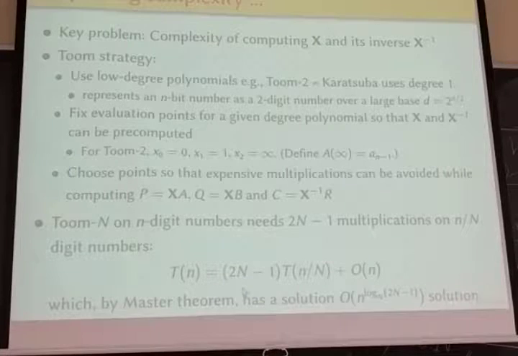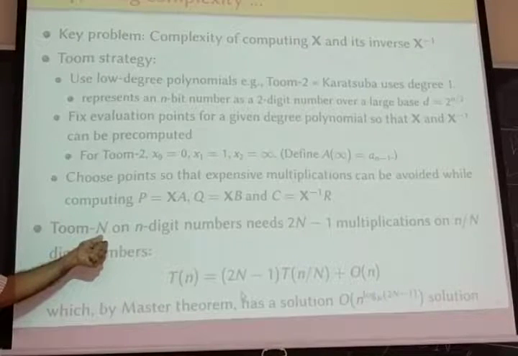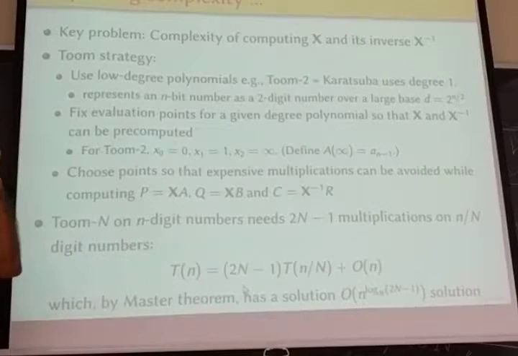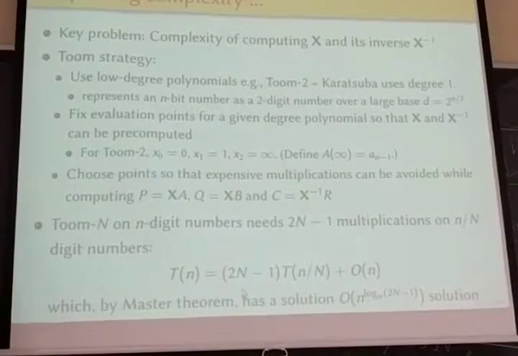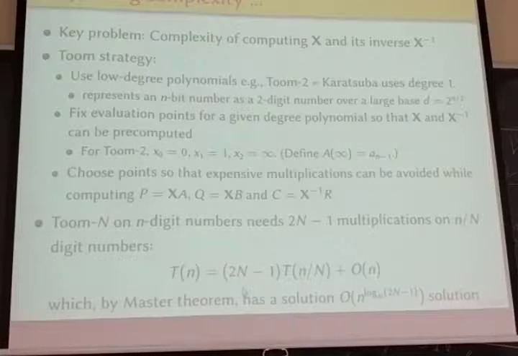So the number of points, if you want to think of it as a capital N digit number, then we need capital N times 2 plus 1, that many points we need to work with.